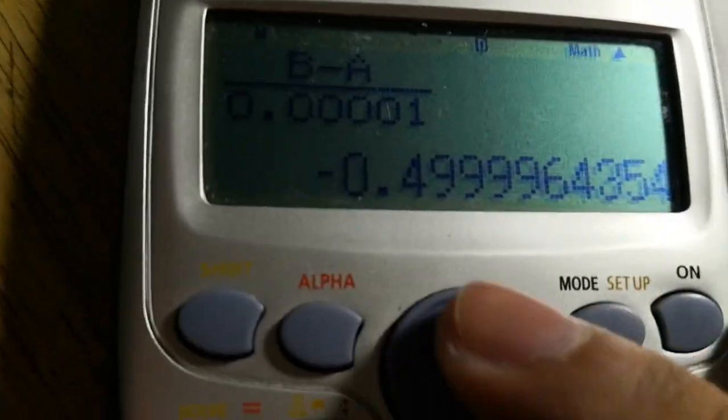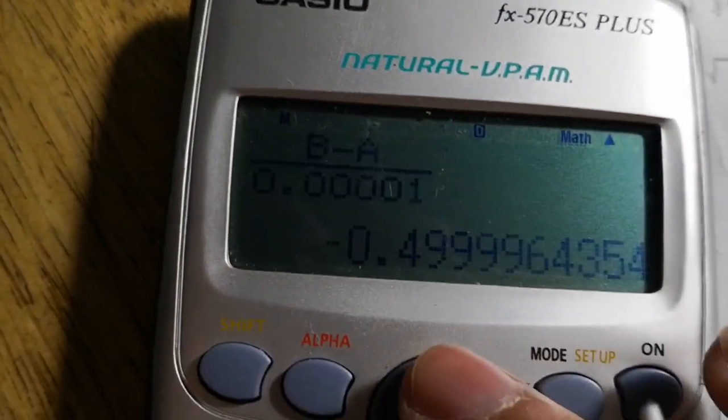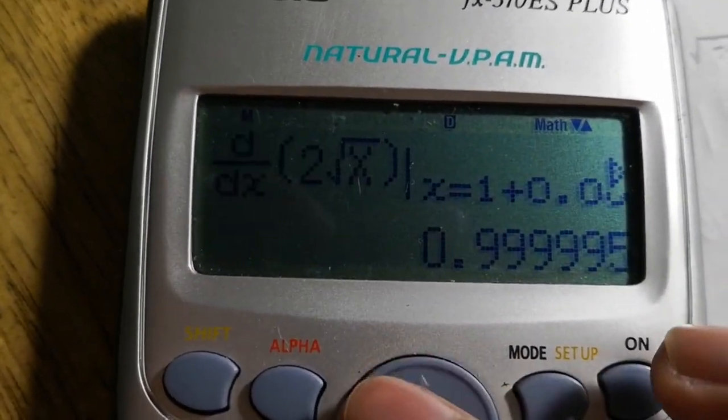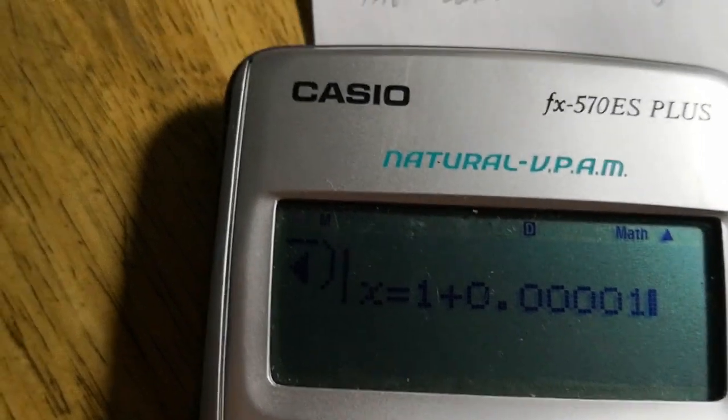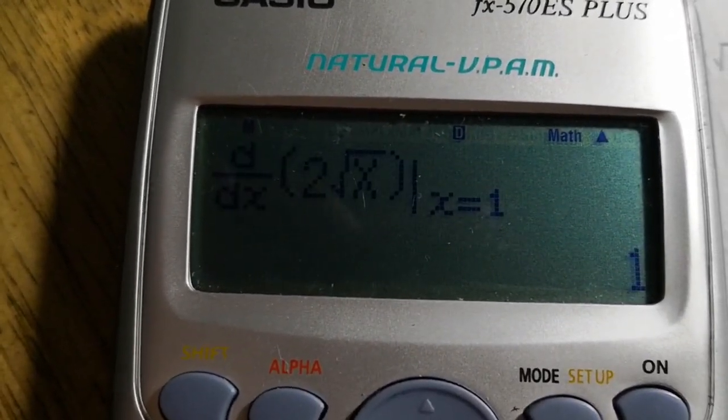We know from the value of the first derivative earlier that it is 1. Obviously it's 1 there.